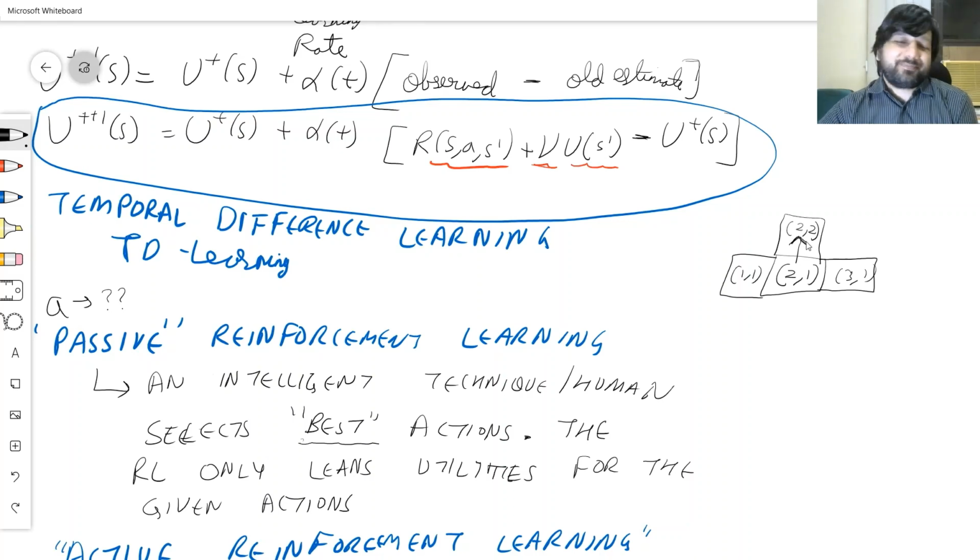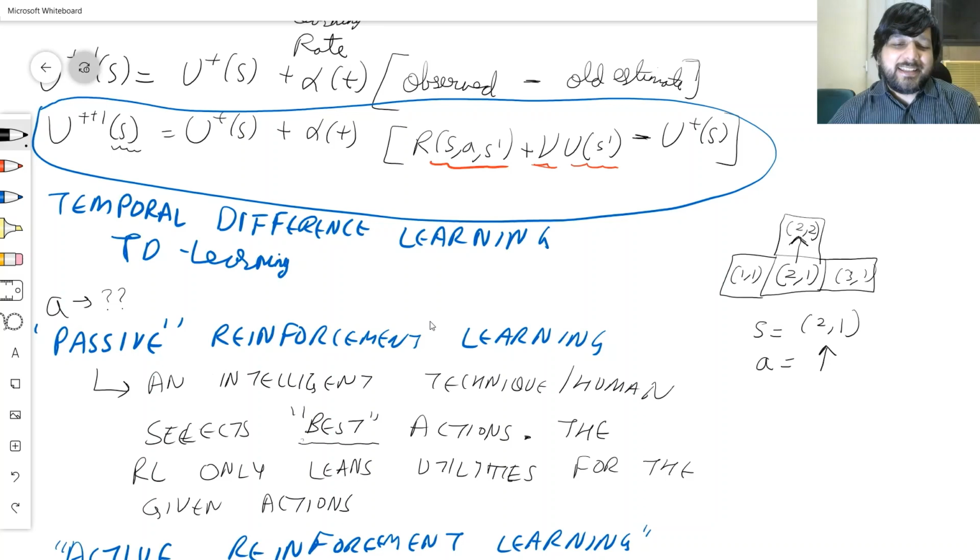In order to learn this equation, we are learning U of S. So let S be fixed to 2,1. The action selected by the intelligent technique is always up.